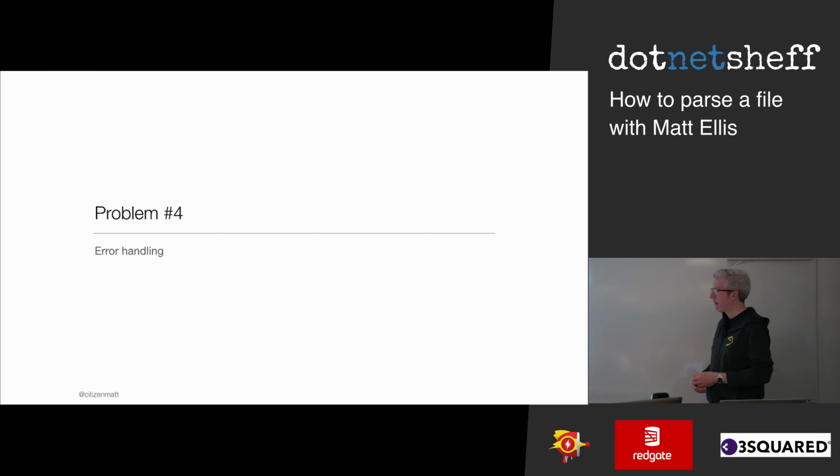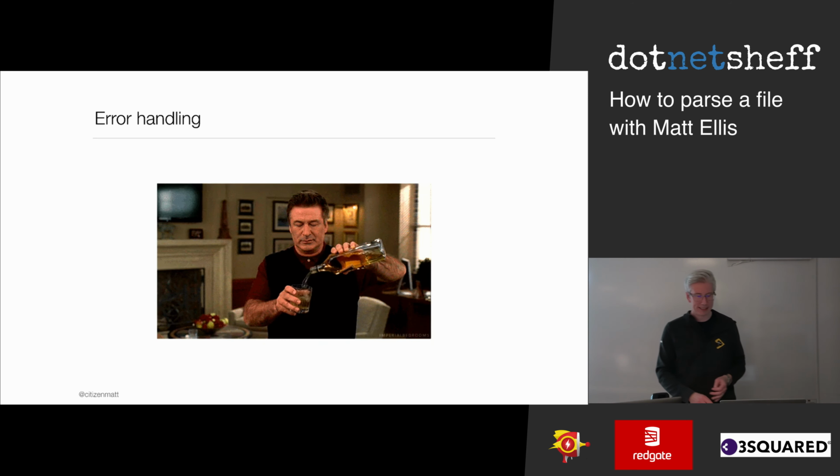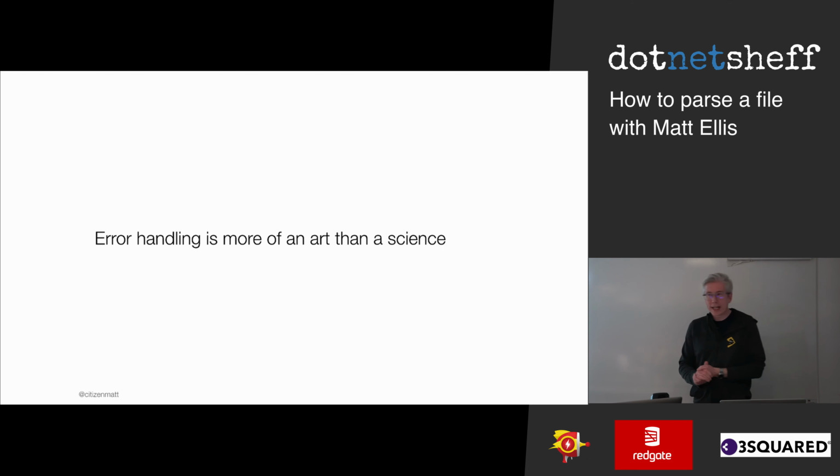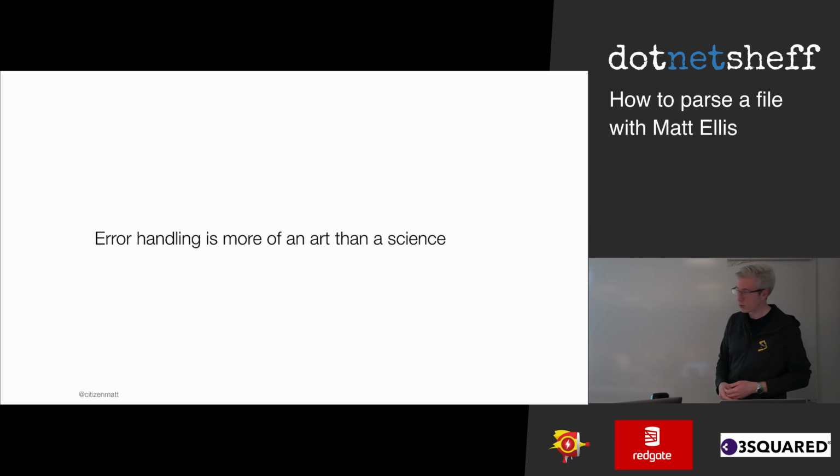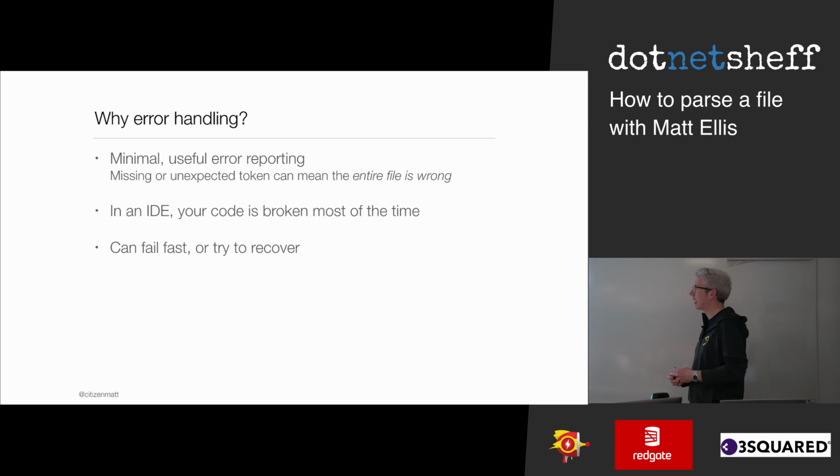OK, error handling. This one usually, well, it is more of an art than a science. This one is where you're really not going to find much documentation about how to deal with this. Why do we care about error handling? You want to give useful errors to your users. You don't want to have a single token missing and then say the rest of the file is invalid.